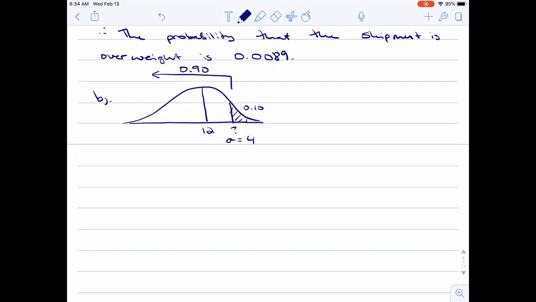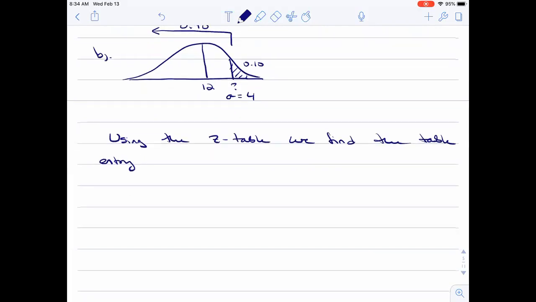And so using the Z table, we find the table entry. Remember, the table entries are the values in the body of the table.